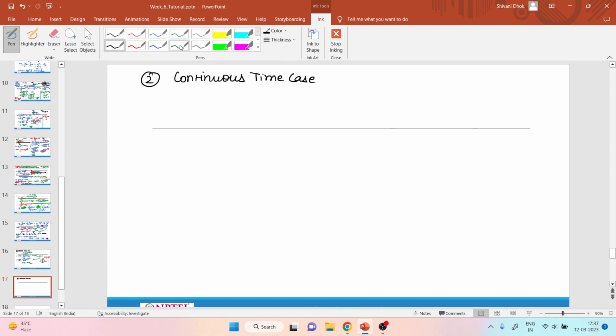Here the two relevant transforms are, the first one is your Laplace transform, and the second one is your CTFT, that is continuous time Fourier transform.